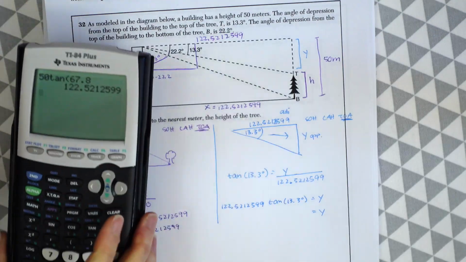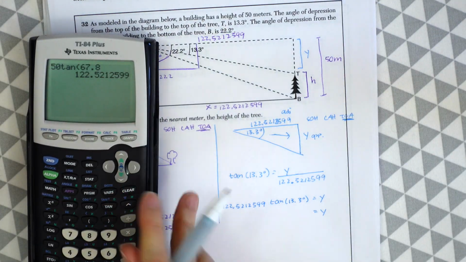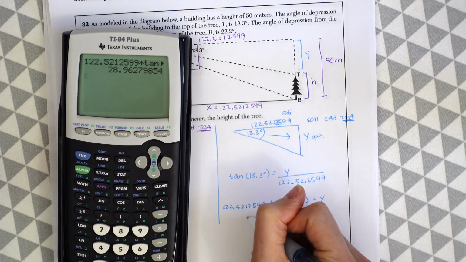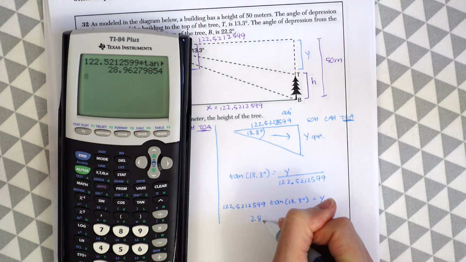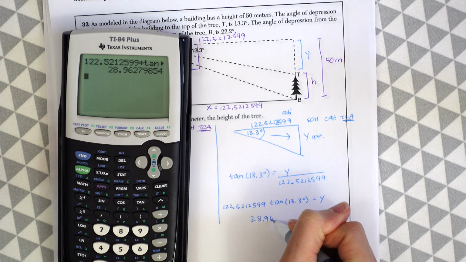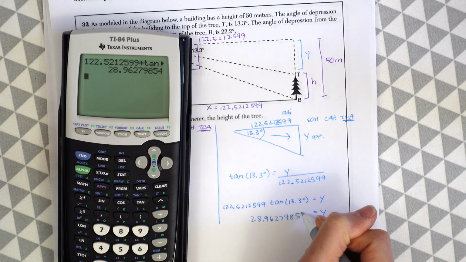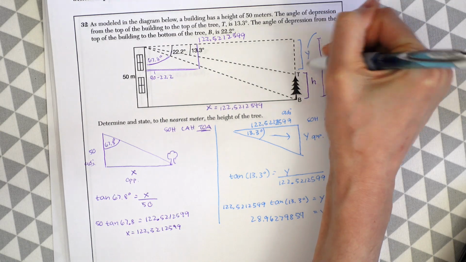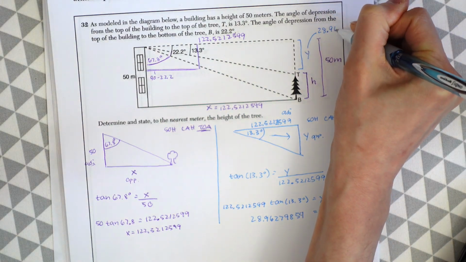Now let's find y. We're just cross multiplying here. So we need to plug in 122, that big long number we found, and multiply it times tan of 13.3 degrees. When we do that, we get another long number, 28.96279854. This represents y, this length right here.